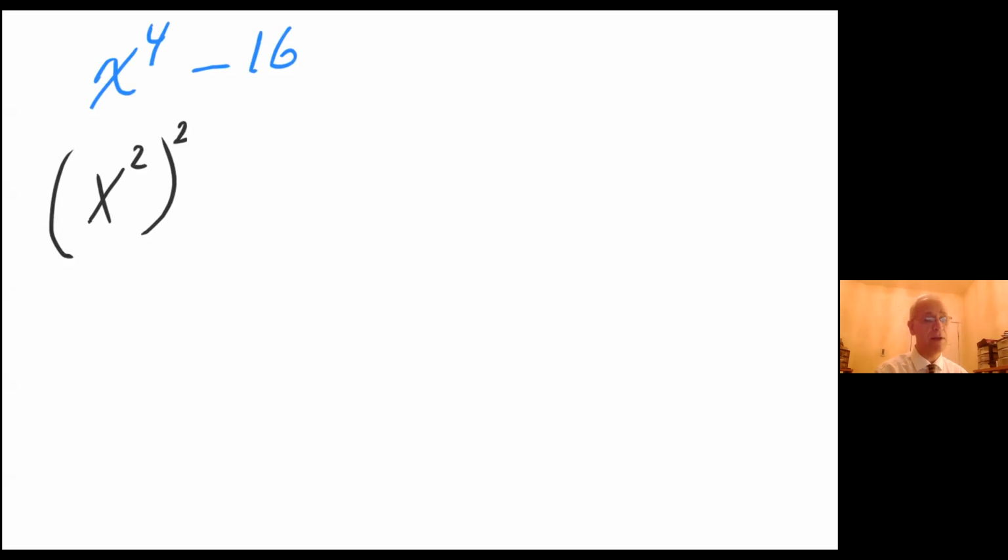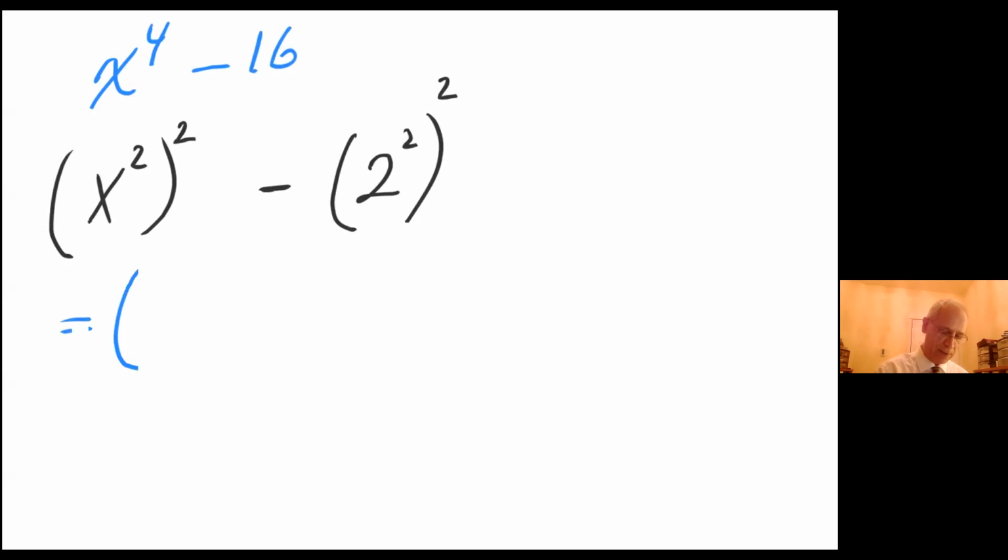And one last example. Suppose you were given something like x to the fourth minus 16. Notice that I can rewrite the first term as x squared to the second power minus 2 squared, which is 4 to the second power. Now I can factor these two.